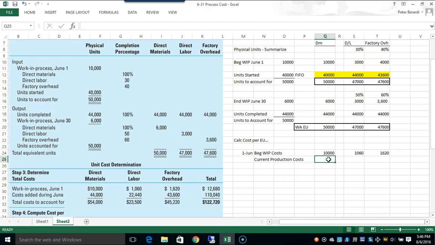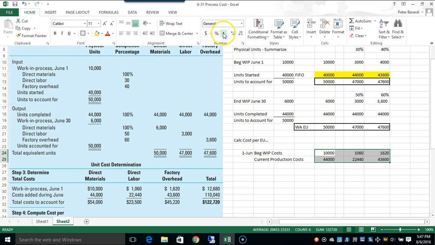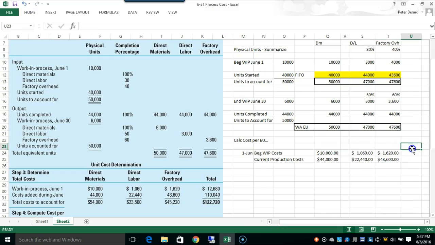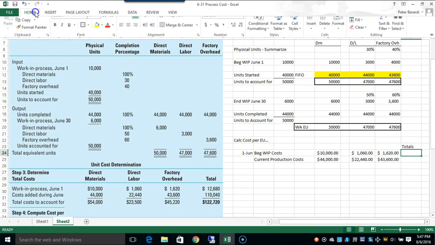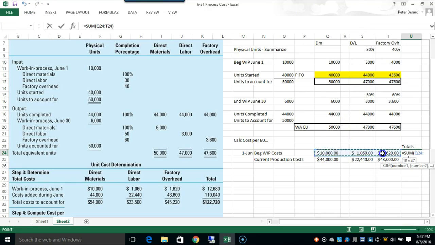We're not going to get into semantics. You can call it costs added to production and so on. For direct materials is 44,000, direct labor 22,440. Factory overhead is 43,600. So these are our costs. We'll put totals in because you're going to tie out to that number.